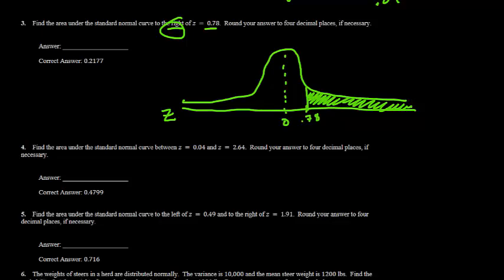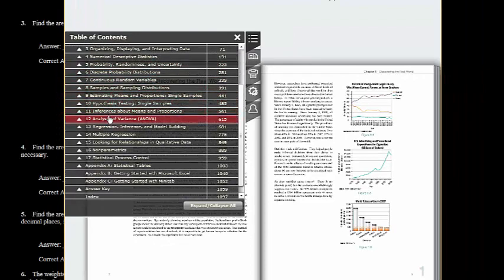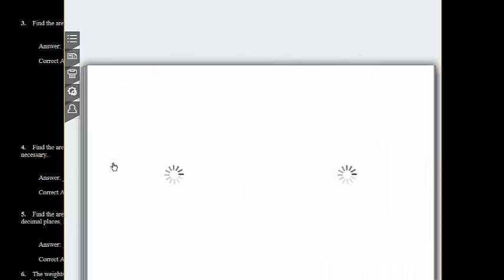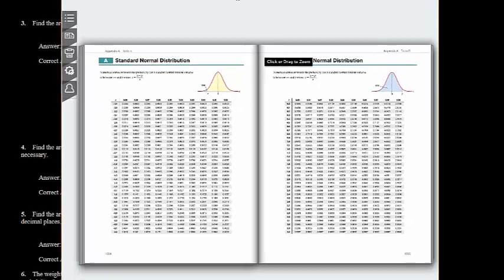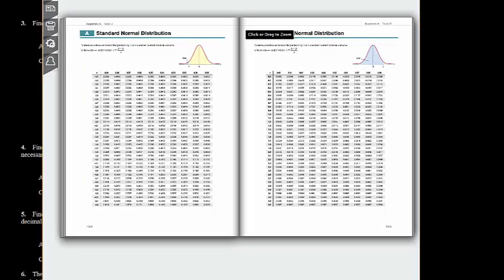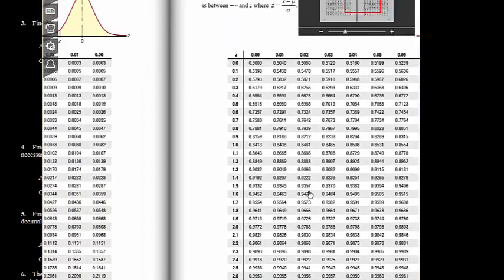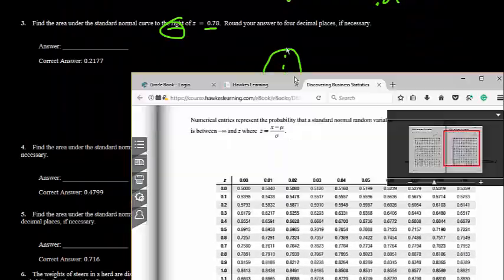And at this point, we need to bring in our statistics tables. So you have a digital one. You can go to statistics tables A. Let me pop that out. And we're looking at the standard normal distribution. There it is. Let me zoom in a little bit. We have a positive z, 0.78.